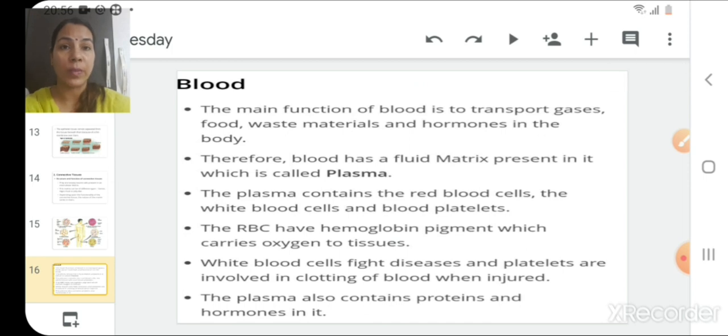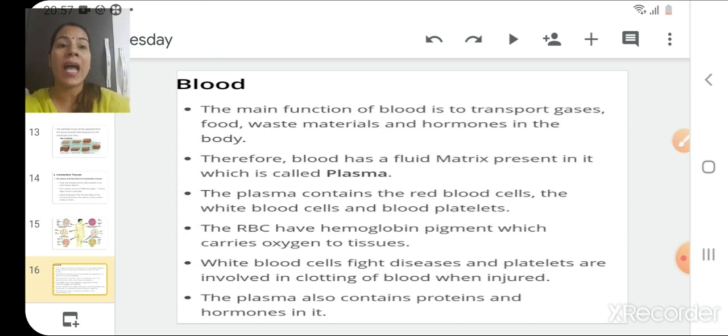So let us begin with blood first. The main function of the blood is to transport gases, food, waste material and hormones in the body. Therefore, the blood has a fluid matrix present in it which is called plasma. The plasma contains red blood corpuscles or red blood cells, also known as RBCs, and white blood cells and blood platelets.